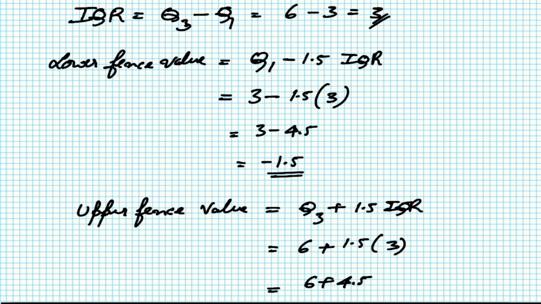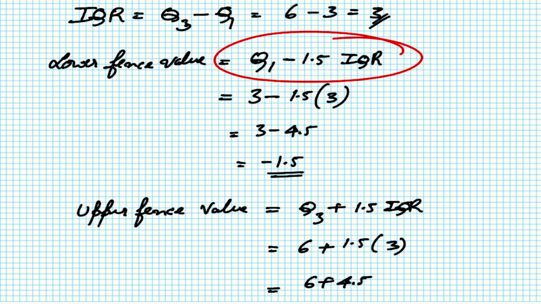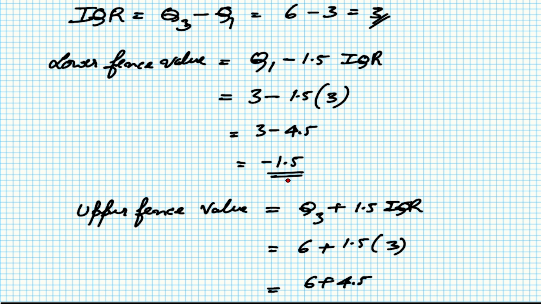Once we calculate the IQR, I'm supposed to find out two parameters. One is the lower fence value and the second one is called the upper fence value. The equation to calculate the lower fence value is Q1 minus 1.5 times the IQR. We calculated that value and it comes to be minus 1.5.